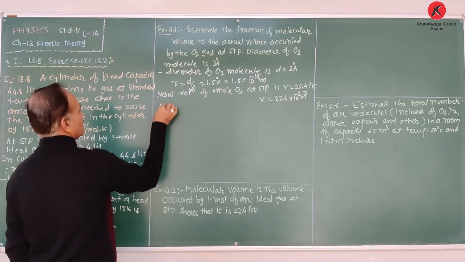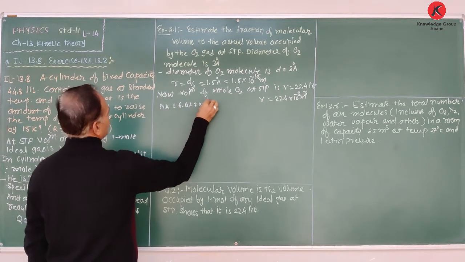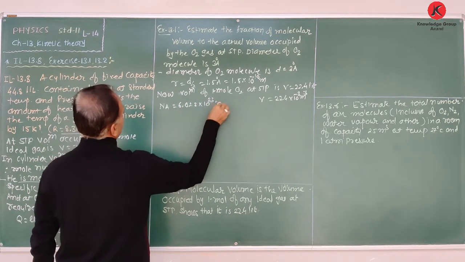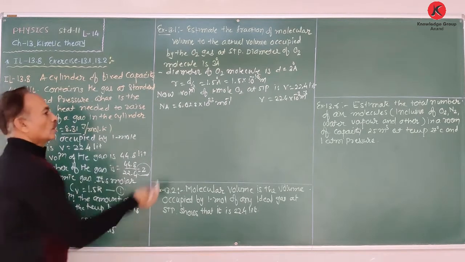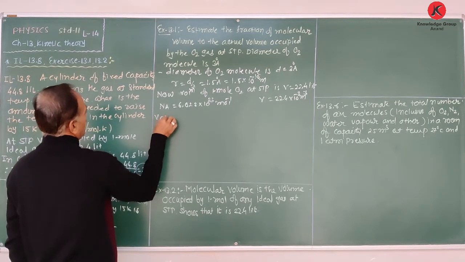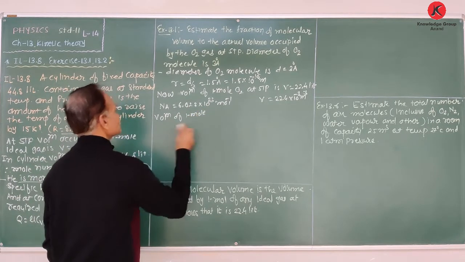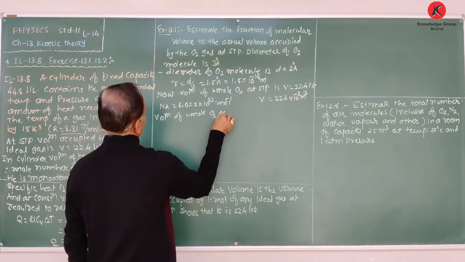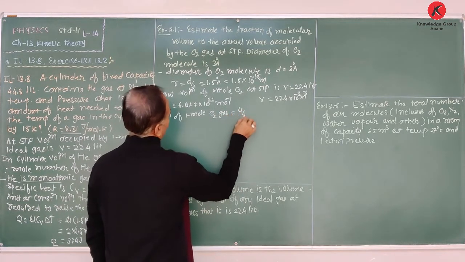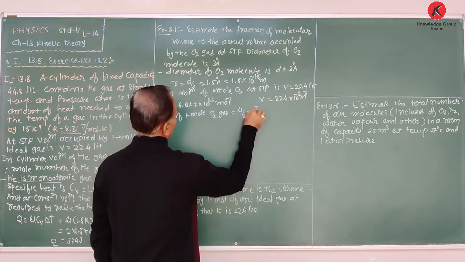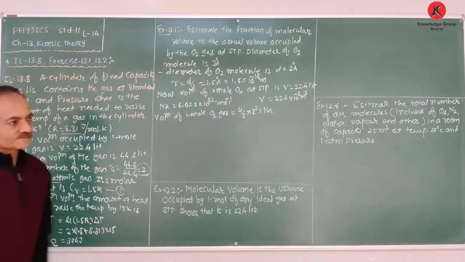Avogadro number Na is 6.023 × 10^23 per mole, the number of oxygen molecules. Therefore, the volume of 1 mole of O2 gas is equal to the volume of one molecule, 4/3 πr³, into the number of molecules in 1 mole of gas.